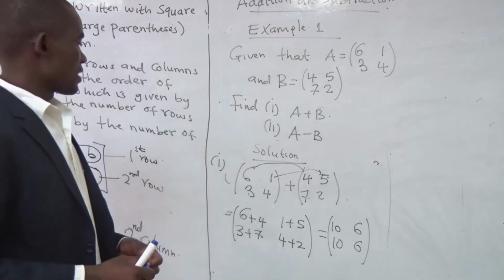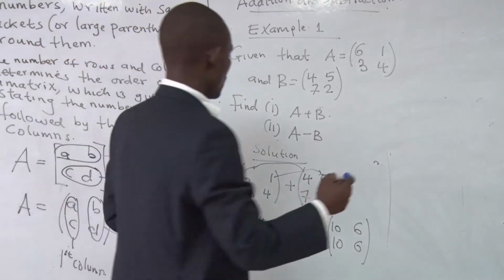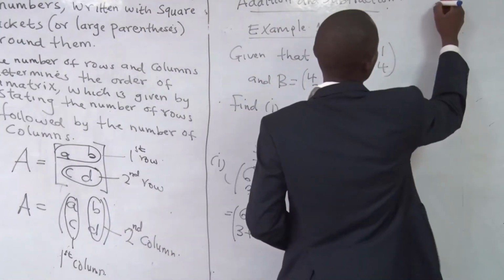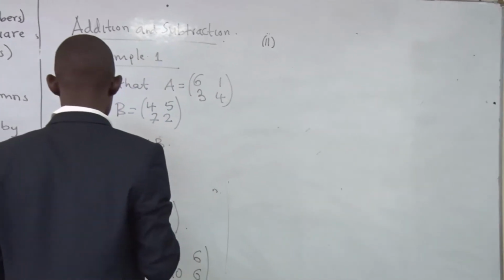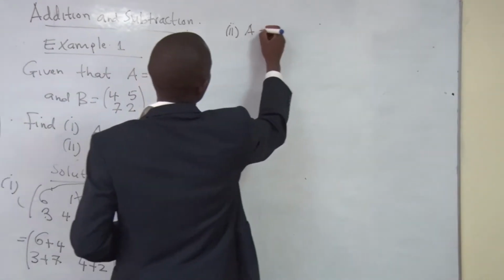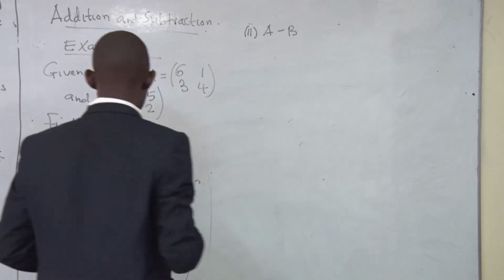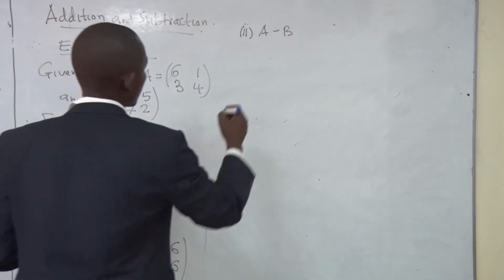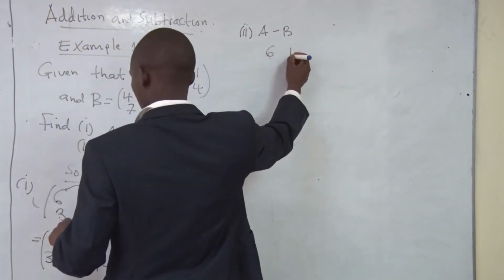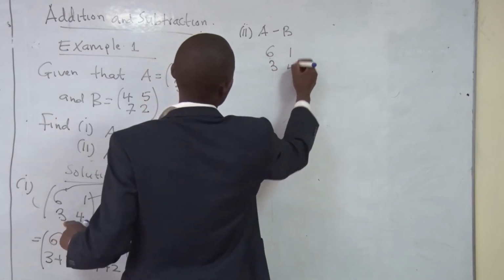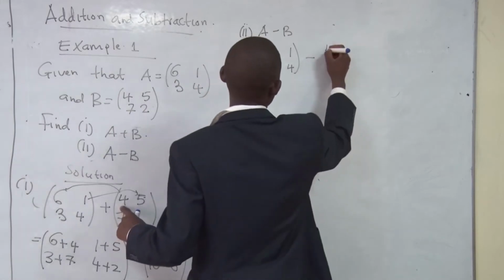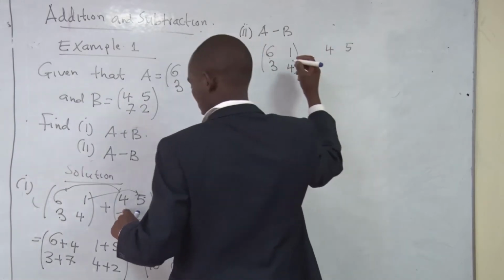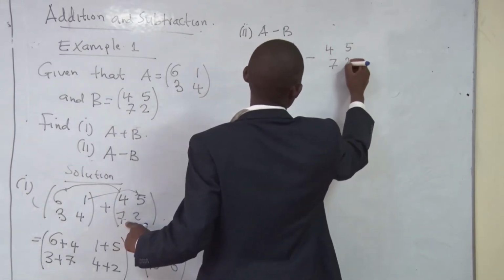We now want to move to the second part, which is subtraction. The second part tells us to take A minus B. We know our A is 6, 1, 3, 4, minus 4, 5, 7, 2.